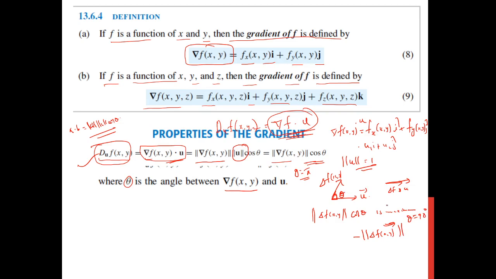That means the direction of u and the direction of del f are opposite. So the maximum value occurs when del f and u have the same direction, and the minimum value when del f and u have opposite directions. Any doubt?